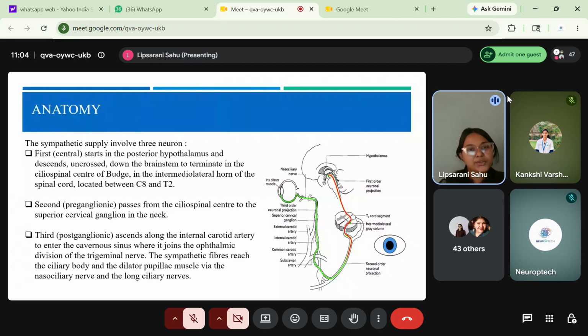Before moving into Horner syndrome, we first have to clear the anatomy. So this is the sympathetic pathway. The sympathetic pathway is a three-order neuron pathway.